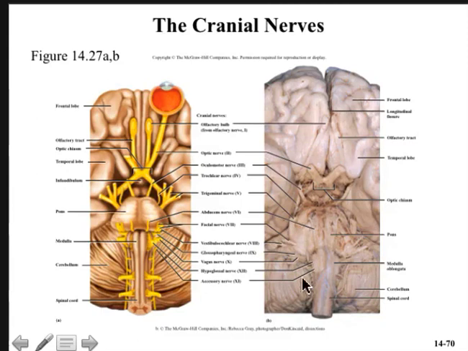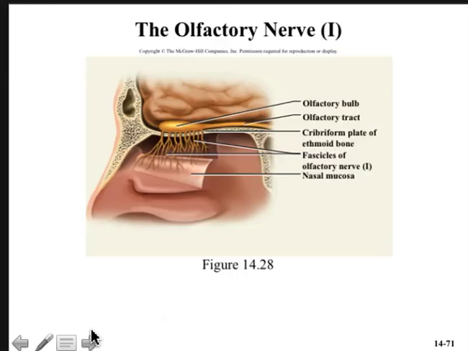And this is an actual picture of brain tissue here on the right, showing you the locations of these nerves as well. But they're easier, obviously, to see in the color-coded figure on the left-hand side. So let's go nerve by nerve. The olfactory nerve, cranial nerve 1, is involved in our sense of smell. It is a strictly sensory nerve.